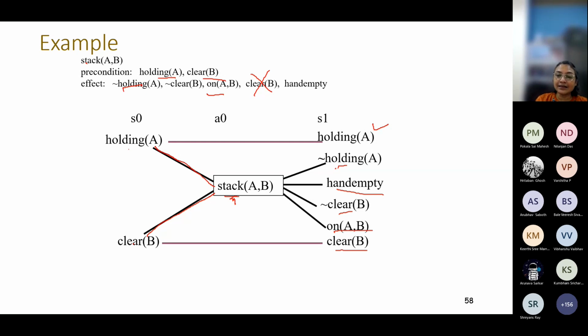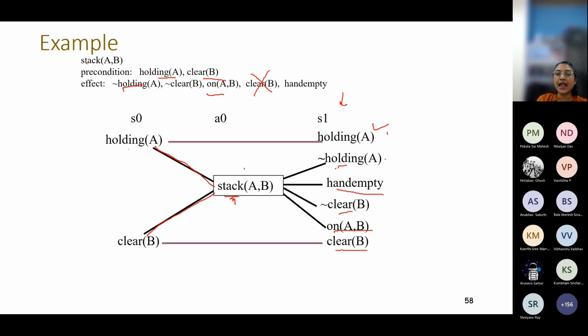So at level 1, S1, both holding A and not holding A are possible, but they cannot be simultaneously true, right? If you take the maintenance action or some other action which does not negate holding A, then holding A will continue to hold. However, if you take the action stack AB, then holding A will not hold.